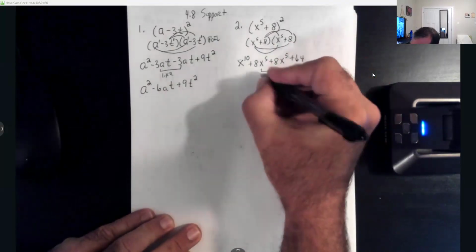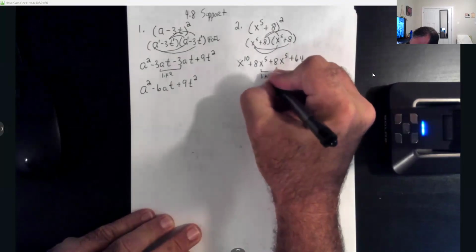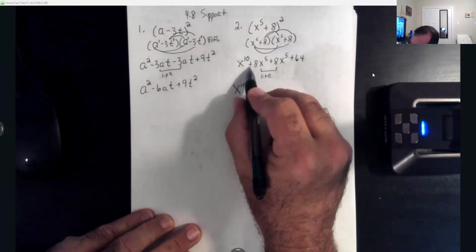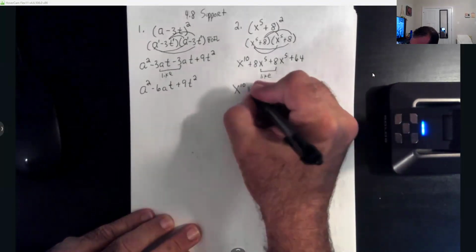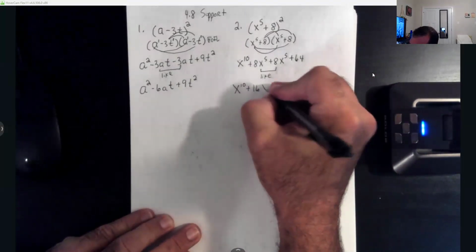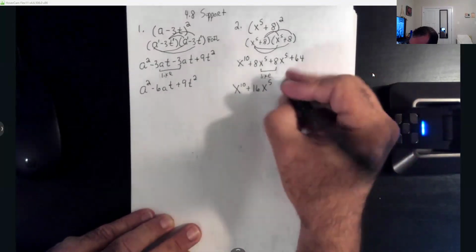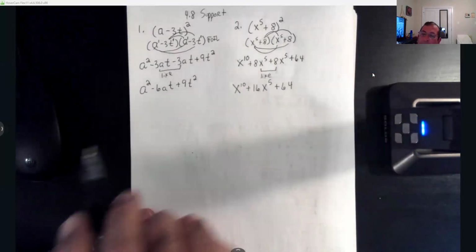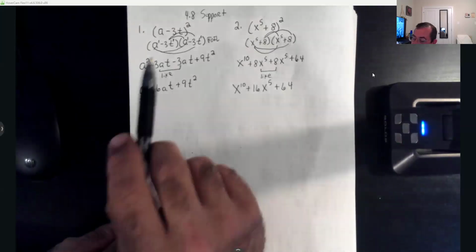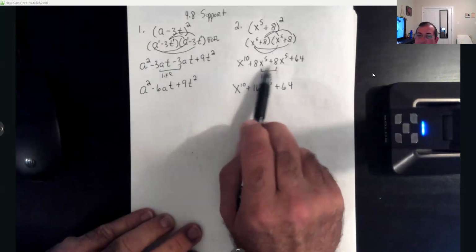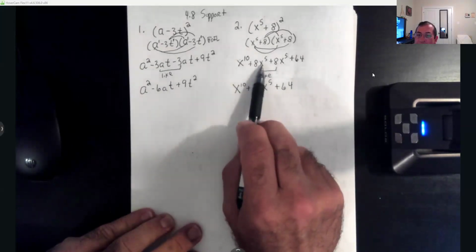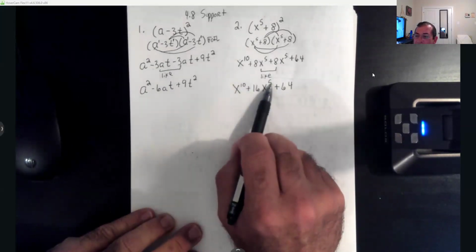Y'all, once again, I got like terms. So bring down your x to the 10. 8 plus 8 gives me a positive 16x to the fifth, and then plus my 64. Now, another mistake I see on these, when people add the like terms, they'll put 16x to the 10th here.